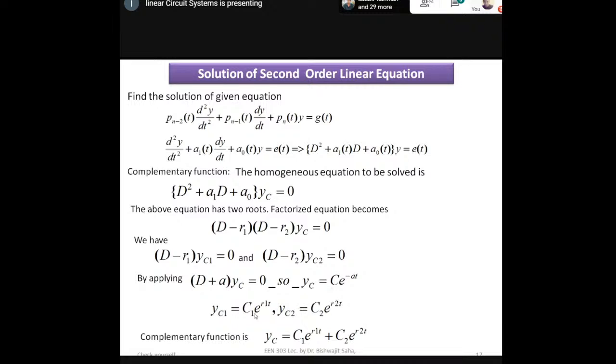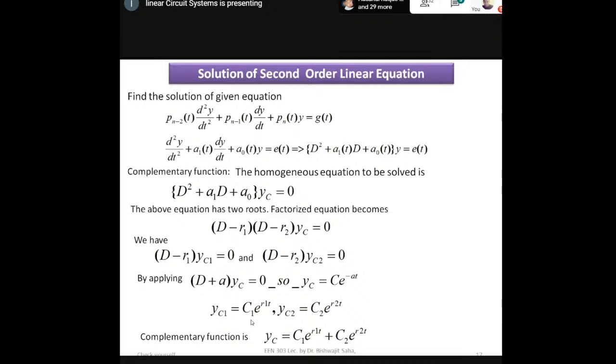If we divide that YC into C1 and C2, then YC we can write as C1 e to the power R1t. C1 is a different constant.